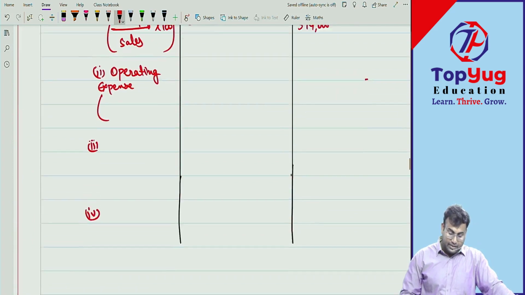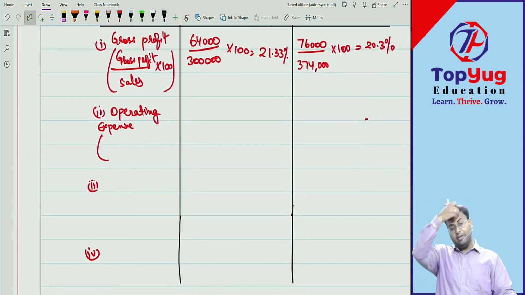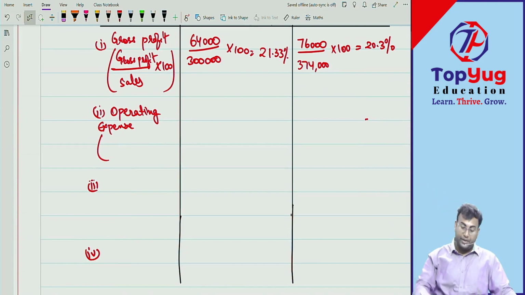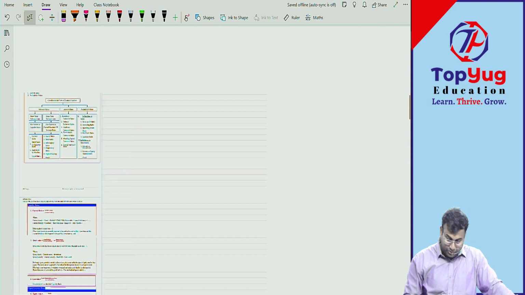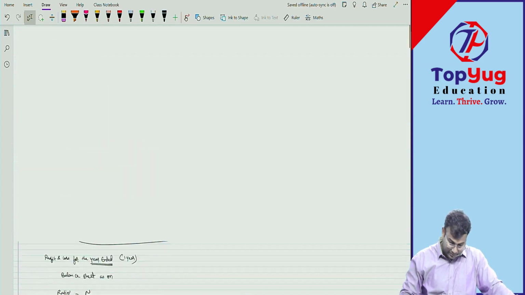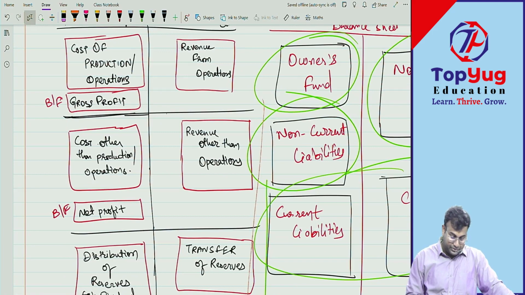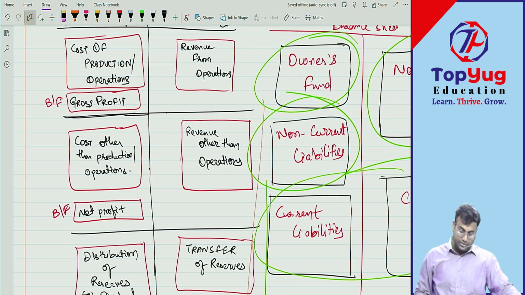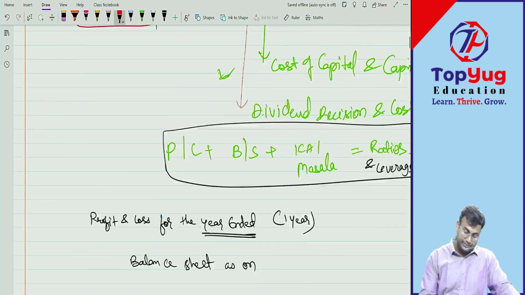Why, sir? In the table we made ourselves for the balance sheet, we took operating and non-operating. You might get confused, so I am trying to show it again: cost of production or operations, and cost other than production or operations. Here we basically refer to finance cost.